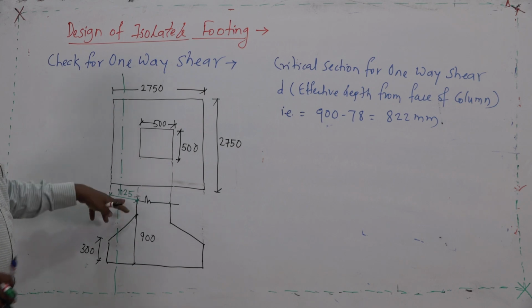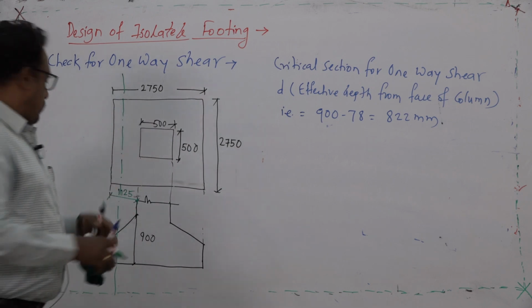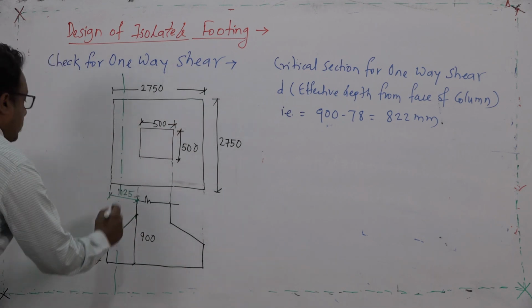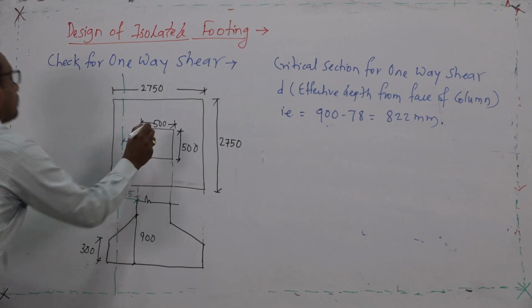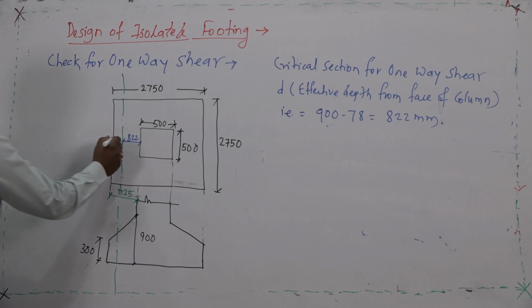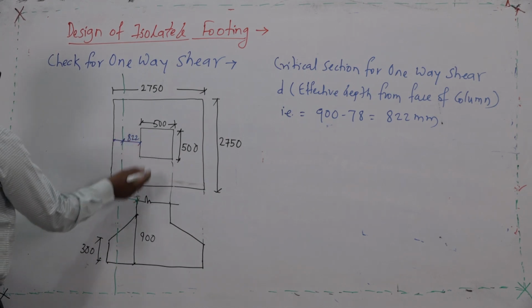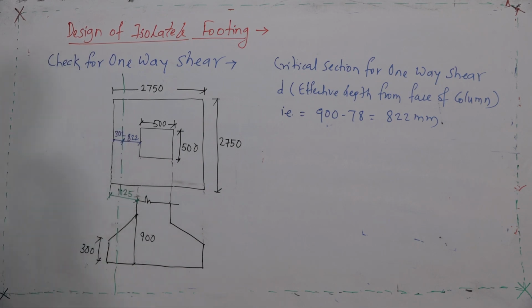Therefore, this value is 1125 millimeter. Out of this 1125 millimeter, the critical section is at a distance of 822 mm from the face of column. The remaining distance I will mark at this point, which comes to around 302 mm.